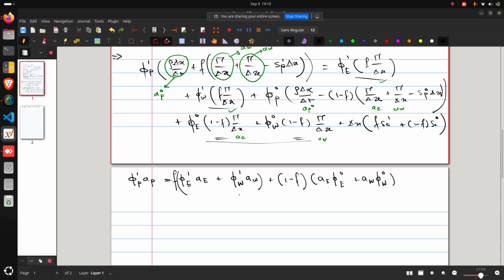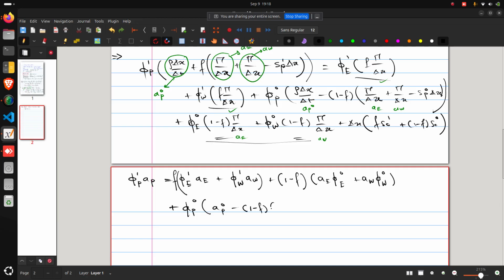What else is required? Plus we will have phi p naught ap naught minus 1 minus f a east plus a west minus sp naught delta x.